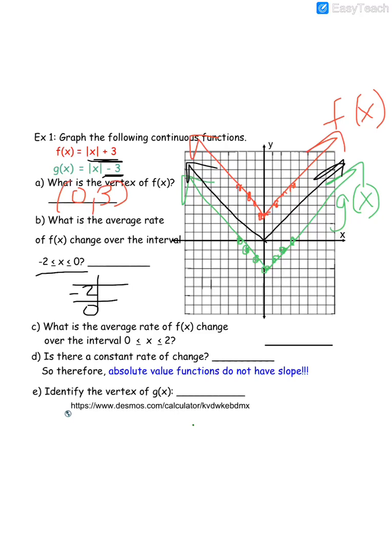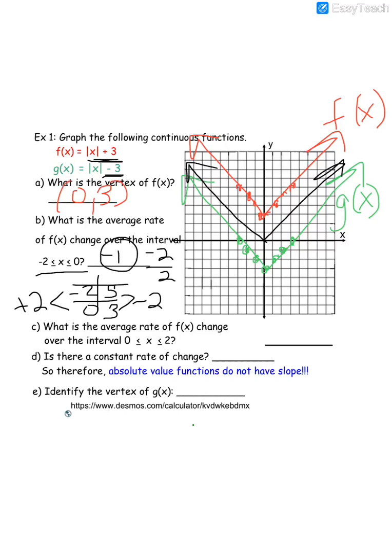So for f of x at negative 2, that is my red function, I got 5. And for 0, it was 3. So we're going to calculate the change. This went up by 2. This went down by 2. So we're going to do y over x: negative 2 over 2, and I got an answer of negative 1.